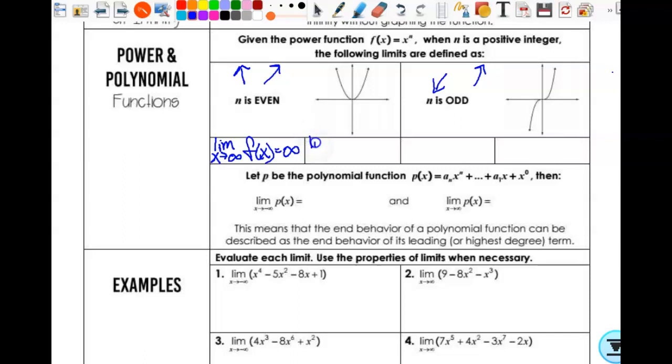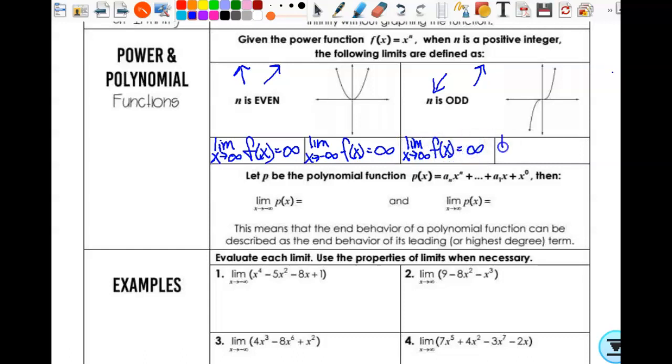But all right, so then we write the limit as x approaches negative infinity of f of x would also equal infinity. So then we're just going to write the end behavior of the odd in limit notation. The limit as x approaches infinity of f of x would equal what?